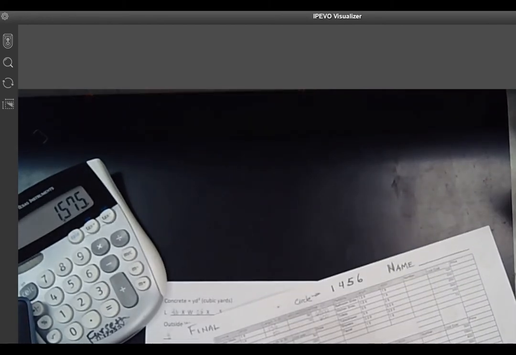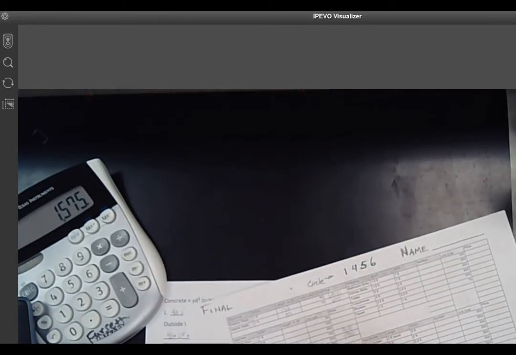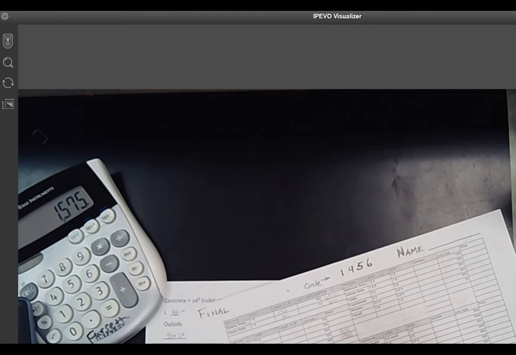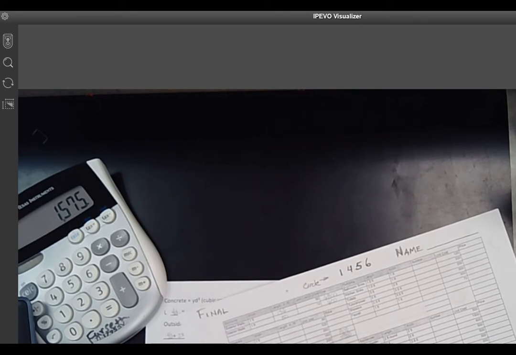Exterior doors, 2, 3, 700, 300. Bathroom, none of those. No sliding glass. I had 5 of these. 625.